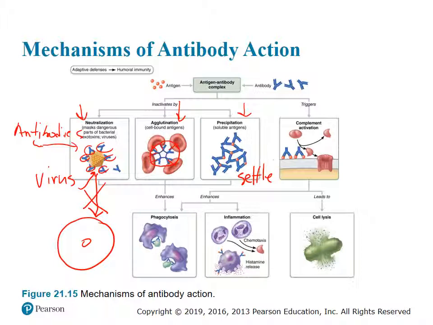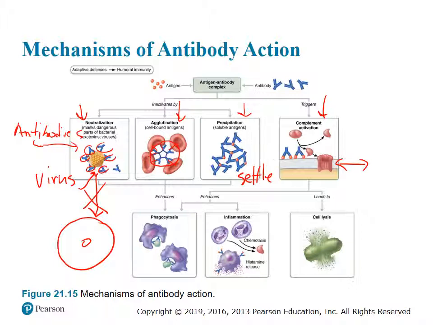And this actually is very interesting, the complement activation, because it happens when the antibody binds to the antigen on the surface of a cell. We see this cell surface right here, and we see the antigen there in the orange, and the antibody binding to the cell surface.